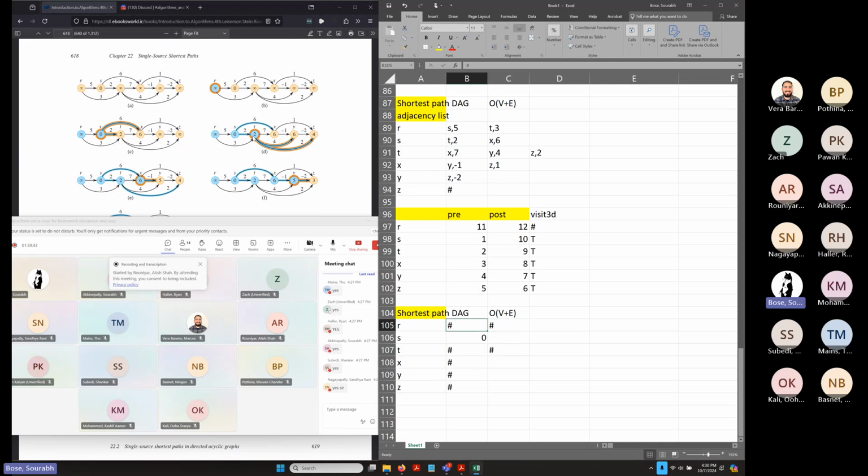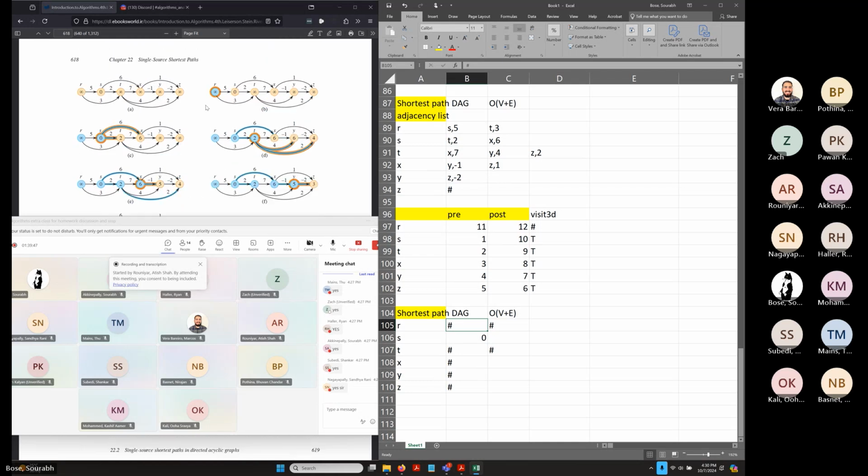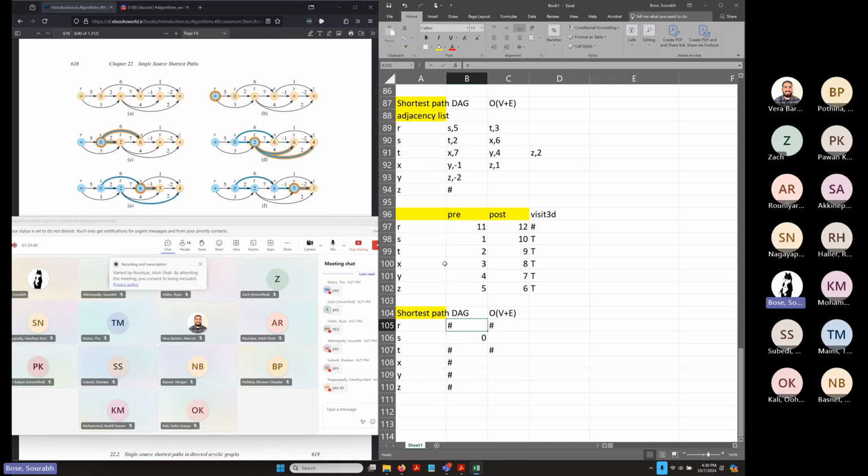By the way, we have evaluated this node. I'm just going to copy over the other values for now. We have evaluated this thing.